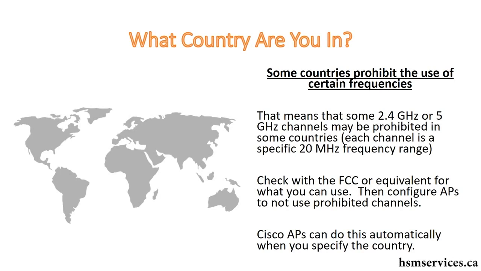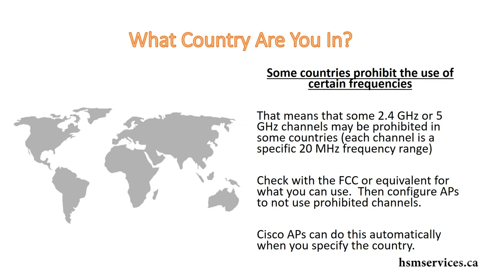And think about what country you're in, because FCC doesn't have a problem in this case, but other countries regulate which frequencies you can use. When we say 2.4 gigahertz, we've got 11 channels. It's 2400 megahertz, let's say channel 1, and 2420 megahertz is channel 2, and 2440 megahertz is channel 3, because a channel is 20 megahertz wide.